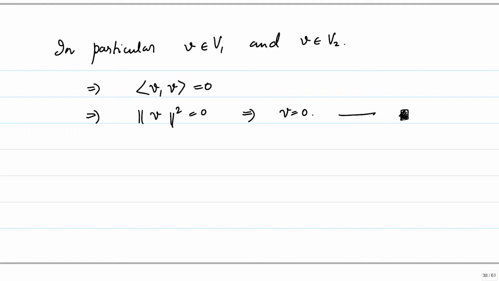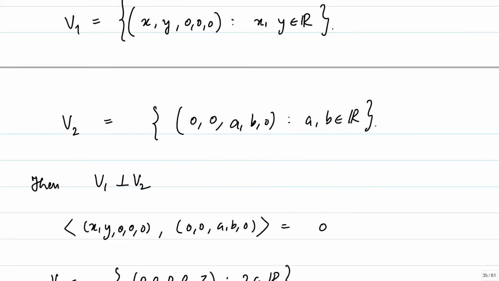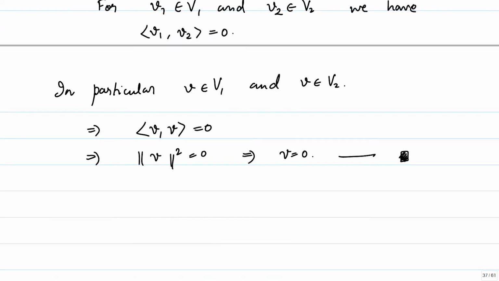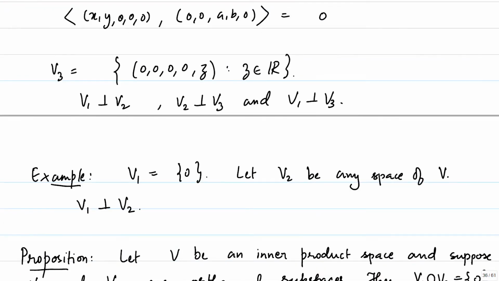So in one of the previous examples, when we looked at the subspaces V2 and V3, we observed that both happened to be orthogonal to V1. V1 is orthogonal to V2 and V1 is orthogonal to V3 as well.